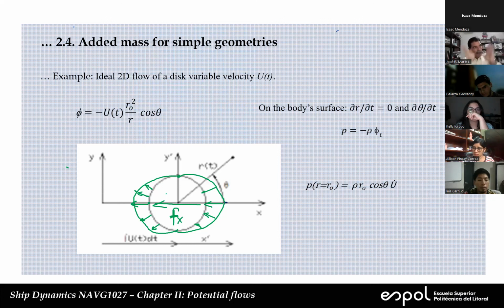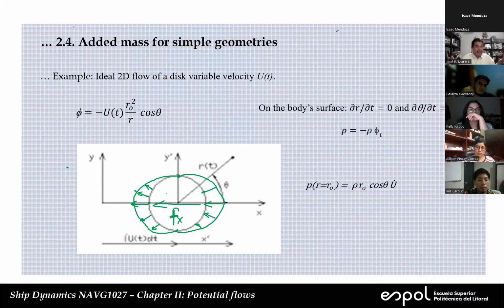See, the previous example was a steady case. The rest of the conditions were the same. Net force, 0. In this case, the only difference is now the velocity is not constant. It's not steady, it changes in time. The result, you have a net force.